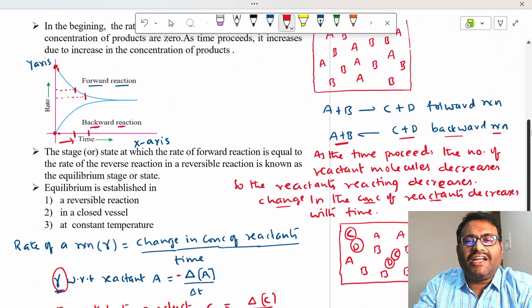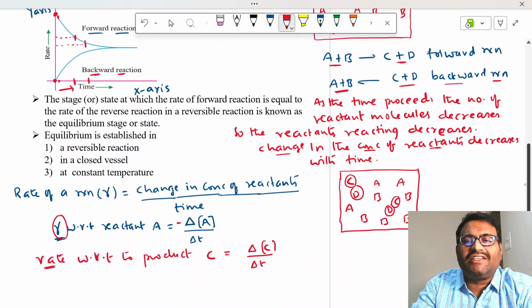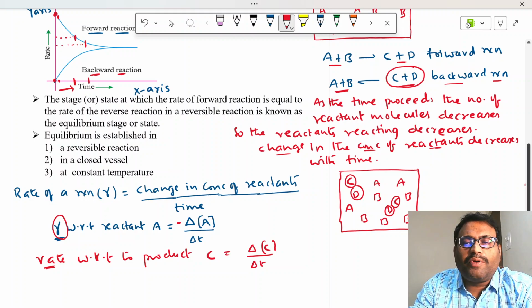Already we have studied that A and B reactants converting into products is called the forward reaction. Products converting into reactants is called the backward reaction. So when does this backward reaction occur? When a sufficient number of product molecules are formed, these products now behave as reactants.